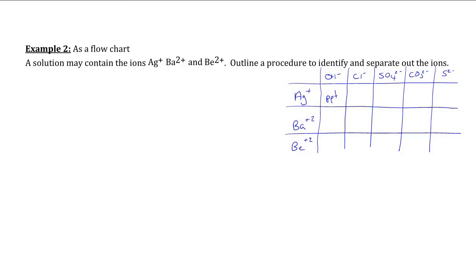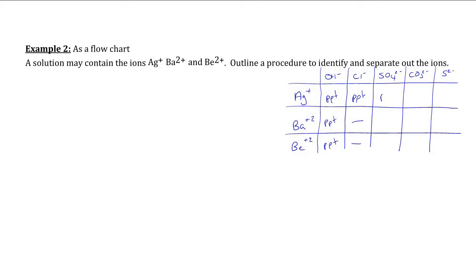Silver with the hydroxide would form a precipitate, as does the barium and also the beryllium. In terms of the chloride with the silver, that also forms a precipitate, but the barium doesn't this time, and neither does the beryllium.